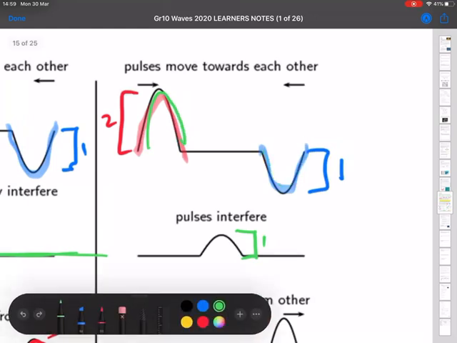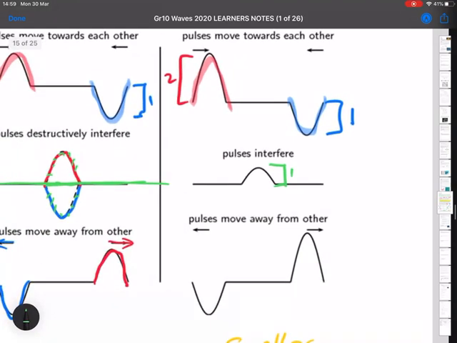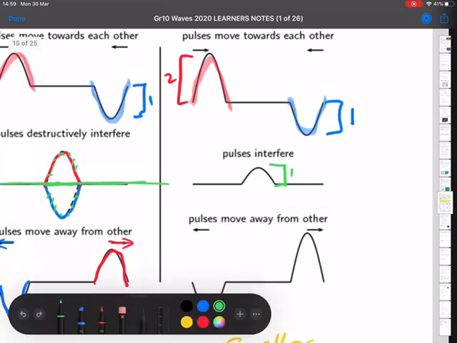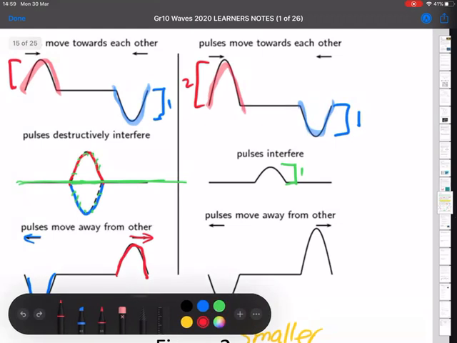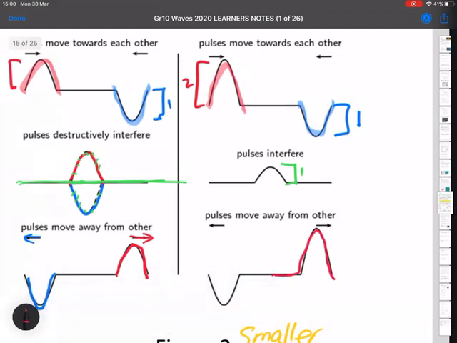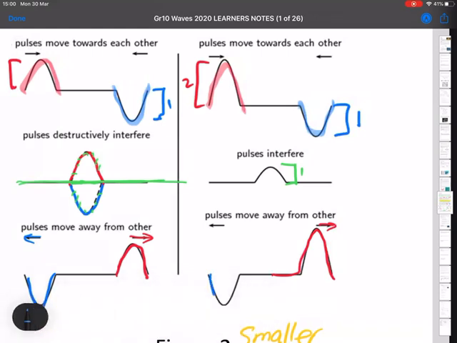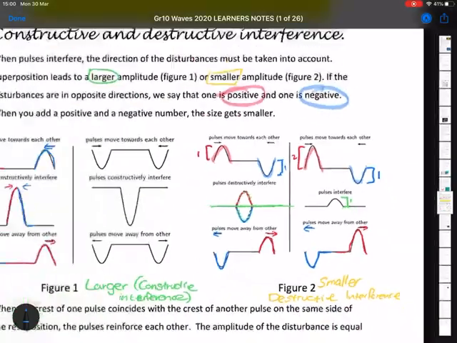So you've got more on the top than on the bottom. So this is when the pulses interfere, that's your net result. And afterwards, the waves carry on as they were. Red one carries on moving to the right above the equilibrium position. Blue one carries on moving to the left below the equilibrium position.